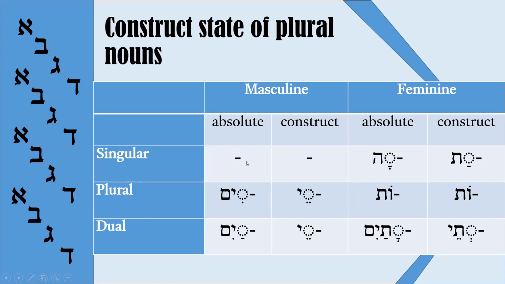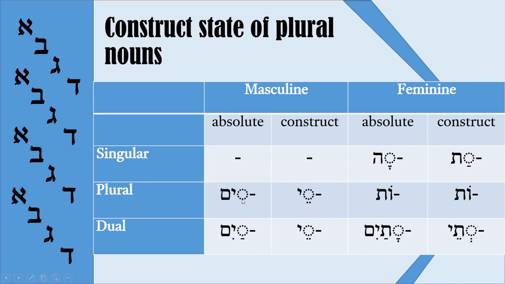But there is no additional ending in the masculine. For feminine, as we already discussed, kametz he is transformed to patach tav. So this is the usual rule for the singular.